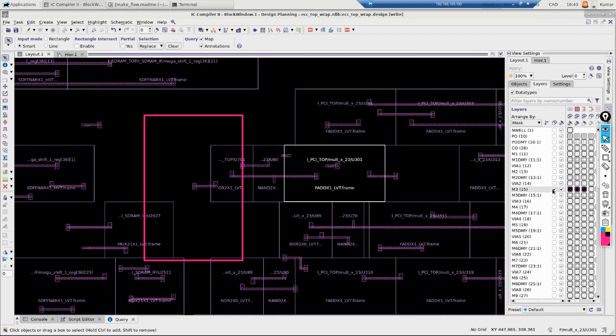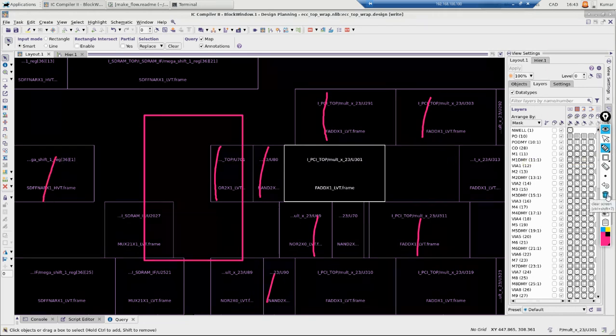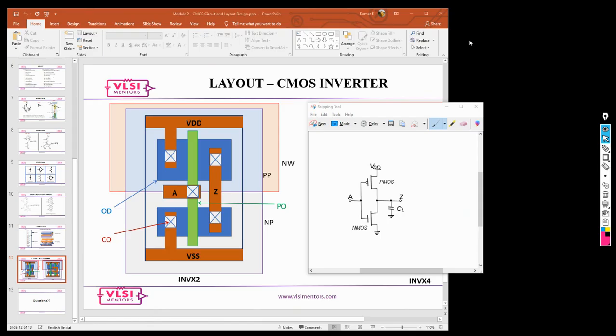Irrespective of the cells, whether it is an AND gate or OR gate, you see here full adder, NAND, OR, NOR, NAND, and all of that, they are all going to have the same height. That height is the same for all the standard cells, so this is going to be your cell area.